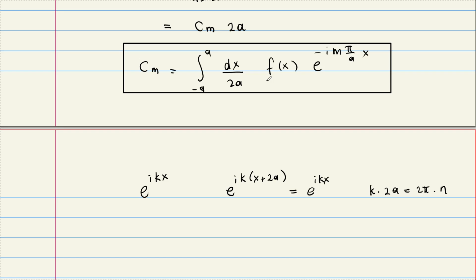But now what I want to do is take the limit a goes to infinity and see how this thing turns into Fourier transform. We go from Fourier series to Fourier transform by taking the limit a goes to infinity.